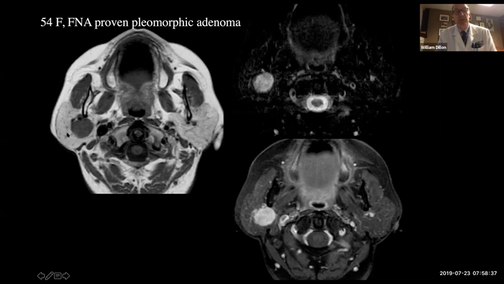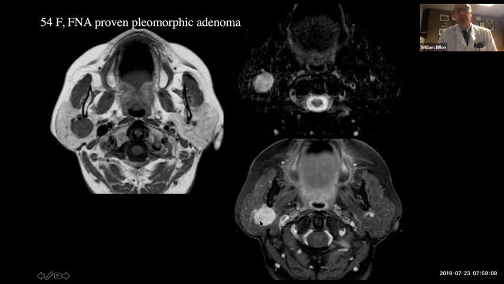It's probably arising deep to it, and that would be an important thing to try and find out, because the surgeon in taking this out will have to skeletonize the facial nerve and try to remove this if it's deep to the facial nerve. But you'll notice that it's low in signal on T1, very, very bright on T2. That tells us that this is a watery tumor and most likely benign, and it enhances, and it can enhance slowly like a venous malformation, initially enhancing and then gradually filling in.